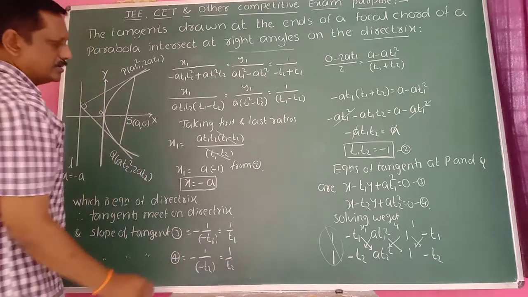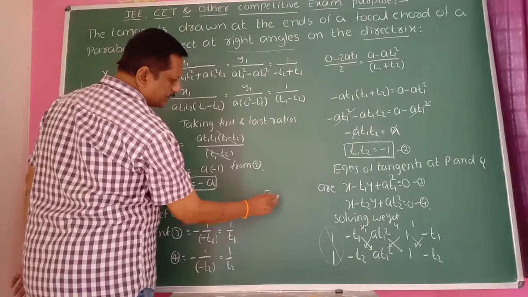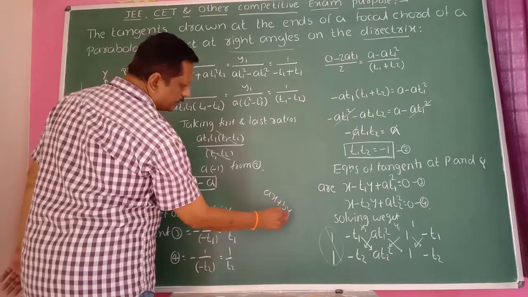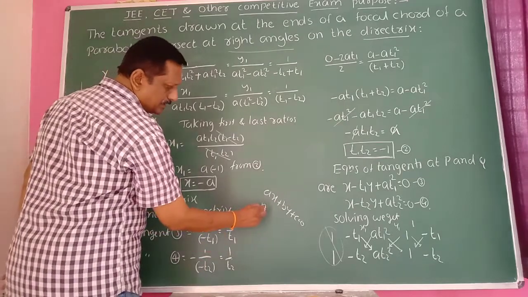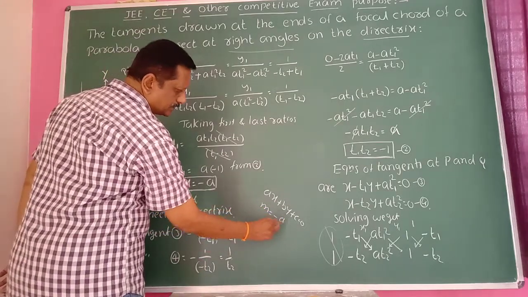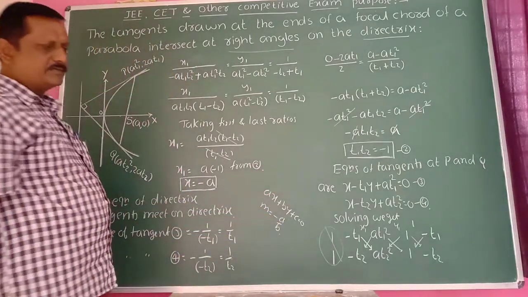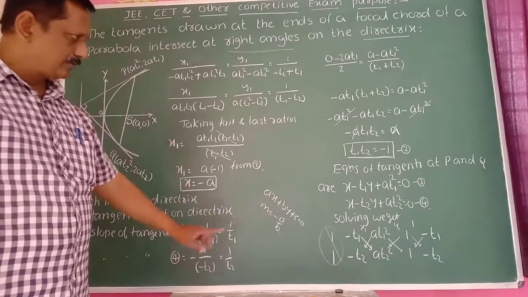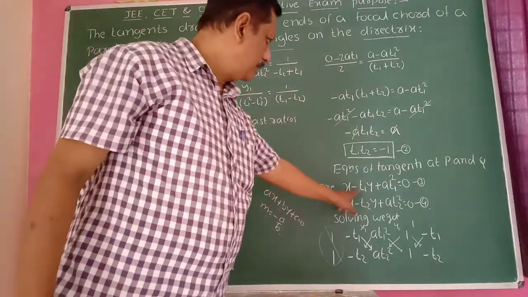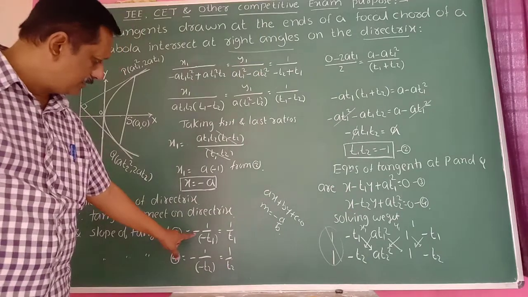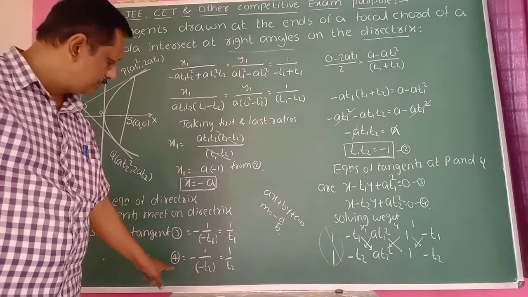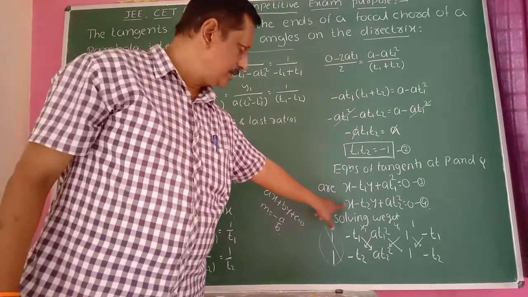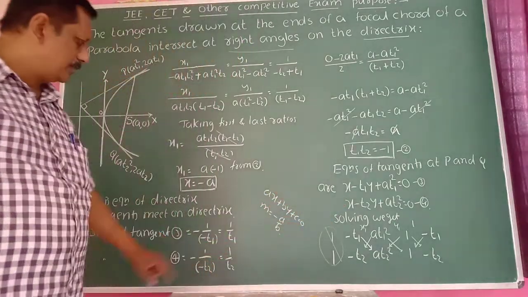Because you know, suppose ax plus by plus c is equal to 0 is the line here, then slope of the line is what? Minus a by b. This is the formula we are using here. So minus of 1 upon minus t1, minus become plus 1 by t1. Similarly, slope of this tangent here is 1 upon t2.